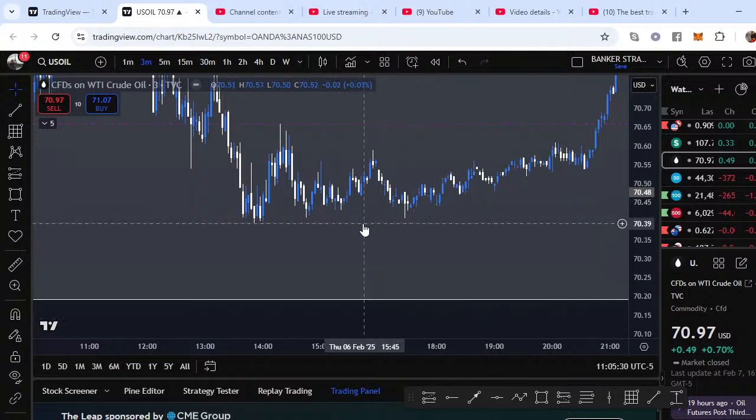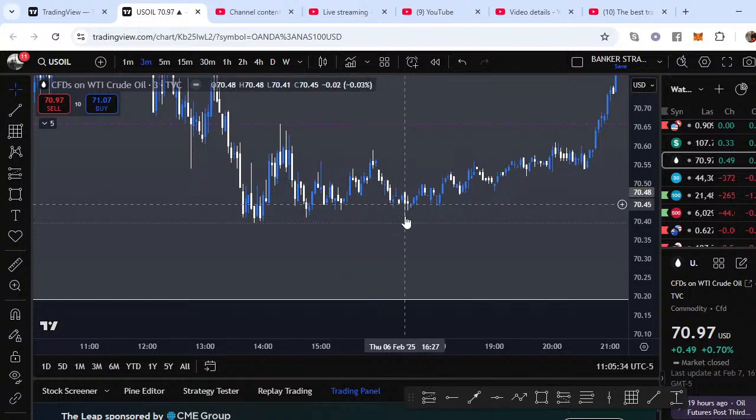When was a low last taken? Right here. Now, did this low get taken? No. Okay. Did it go higher? Yes, it did. It closed? Yes, it did. And it closed above this candle here, the last low.